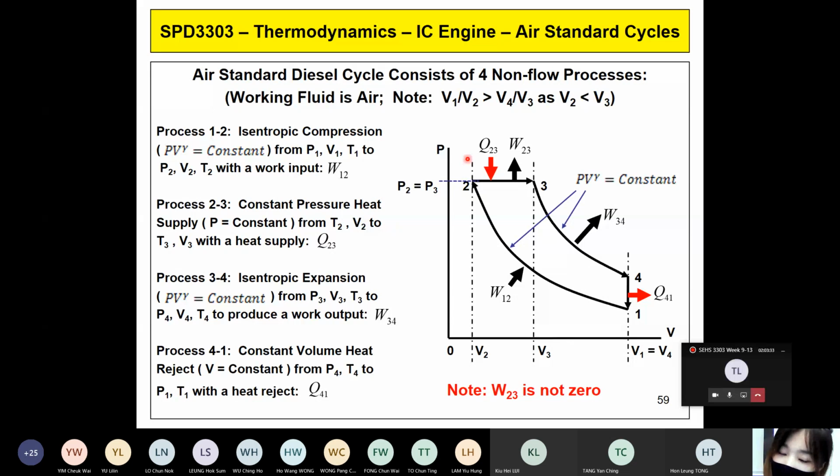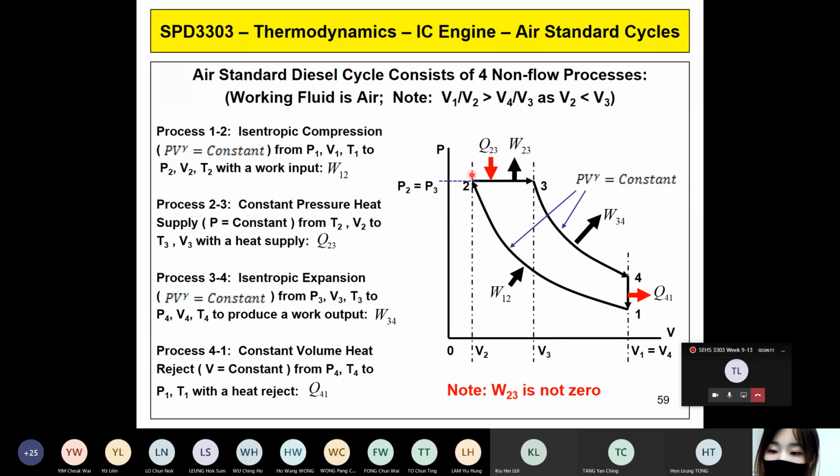Actually, this air standard diesel cycle, we no longer use because it's almost phased out, because the efficiency is not very good. For the real diesel engine, what we have is an air standard mixed cycle. In your lecture notes, we have introduced the air standard mixed cycle, but here we don't want to talk too much.